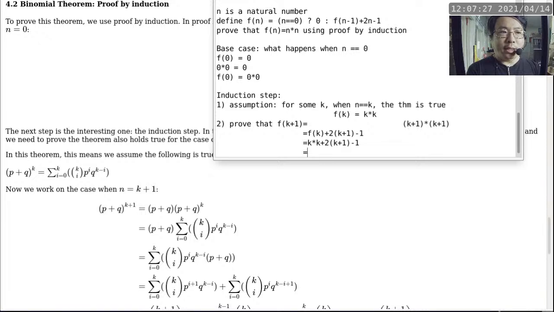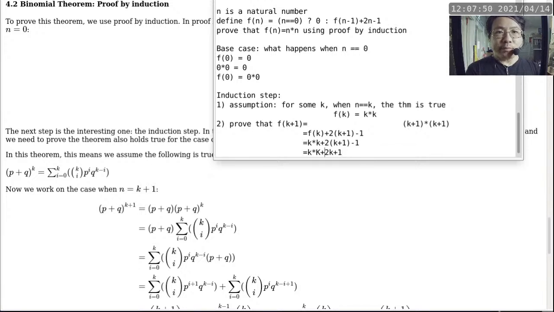And now we apply algebra. So we distribute the 2 multiplied to k plus 1 as a whole, so we have 2k, and then 2 times 1 with the whole thing minus 1, so we have basically just 2 minus 1, which is 1.